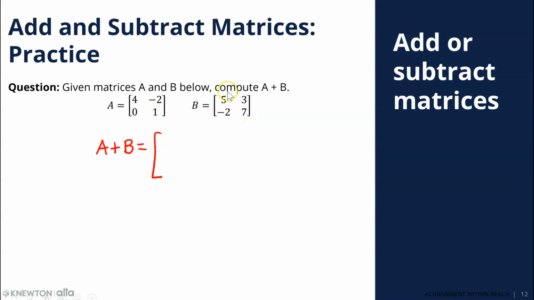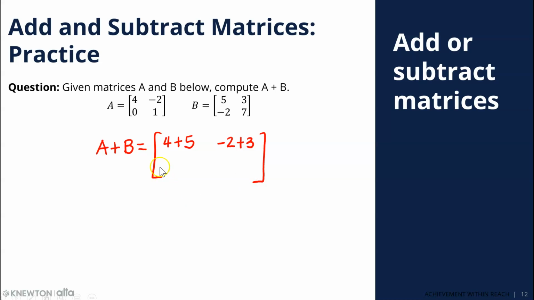Now let's take a look at the elements of the sum of the two matrices, A plus B. The first row, first column entry is equal to 4 plus 5. And then the first row, second column entry is equal to this element plus this element, negative 2 plus 3.